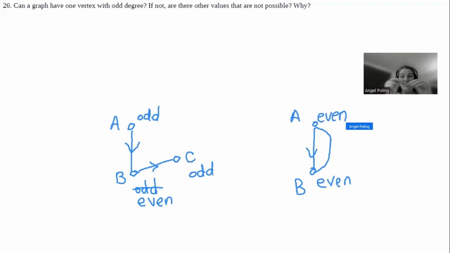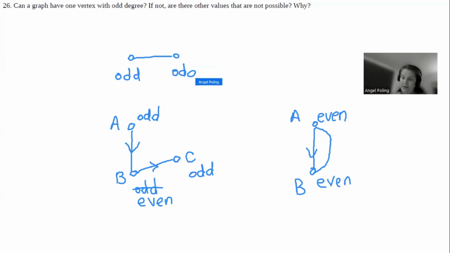So the nature of the exit requires there to be an entrance on the other side. And so we can have two odd vertices, but we cannot have one. And there's no other values that are restricted in this way.